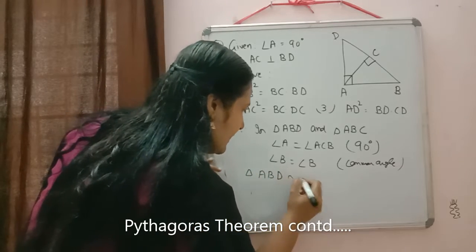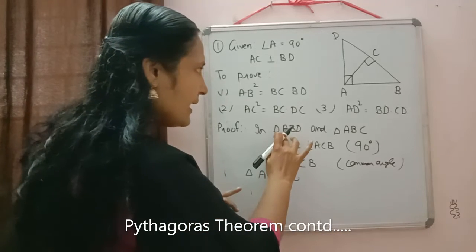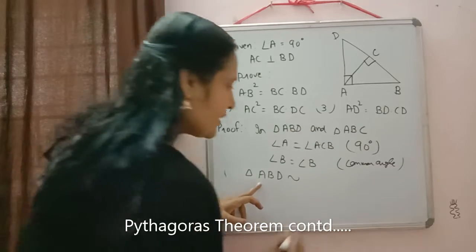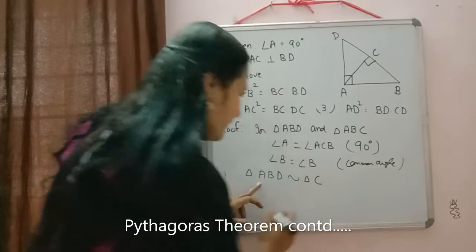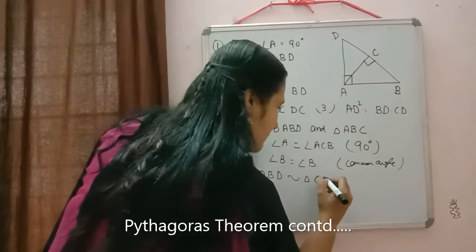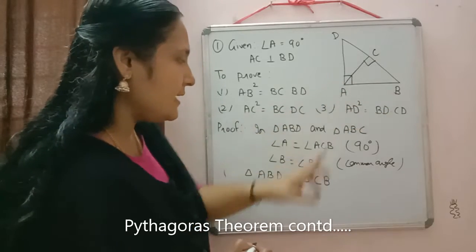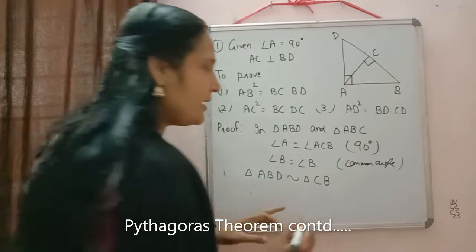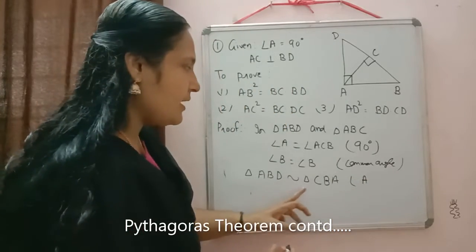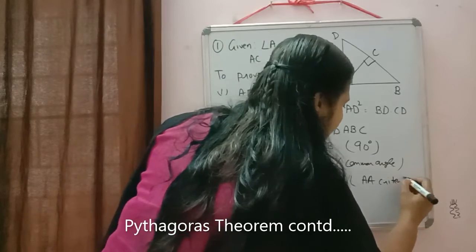Triangle ABD similar to, now check the naming there. Angle A is equal to which angle? Angle C, correct? So C should be written first. Then angle B is equal to angle B, so that we wrote second. So in triangle ABC, C and B we wrote, remaining is A. So triangle ABD is similar to triangle CBA by AA criteria.